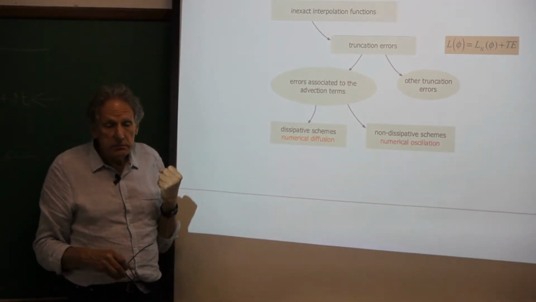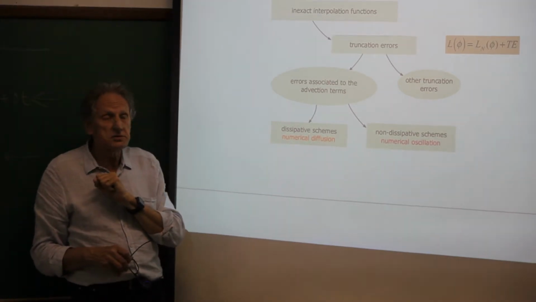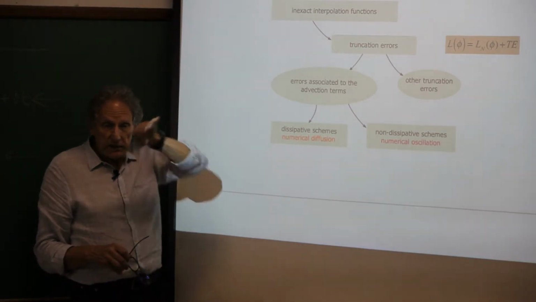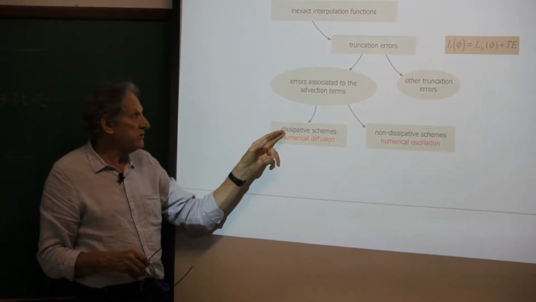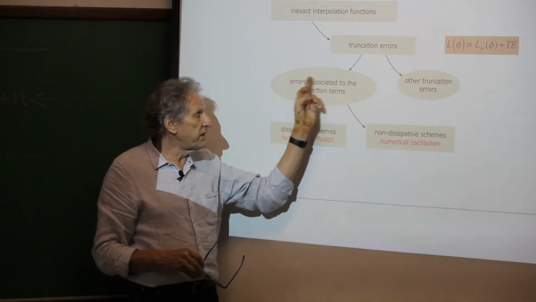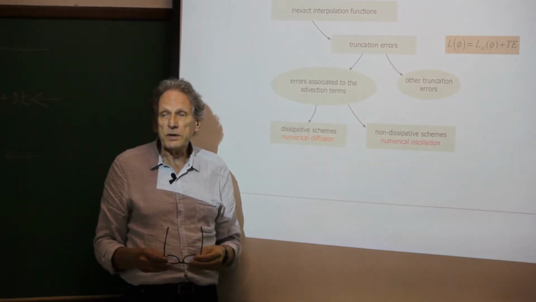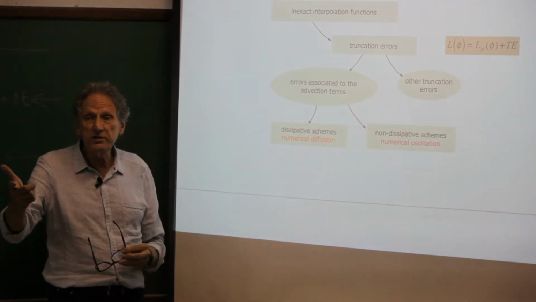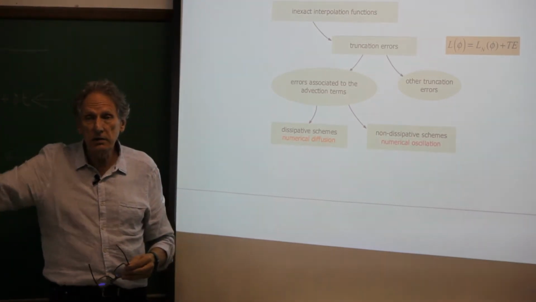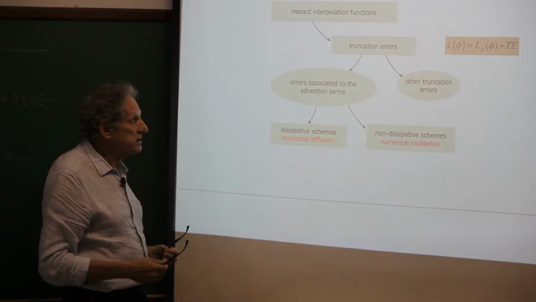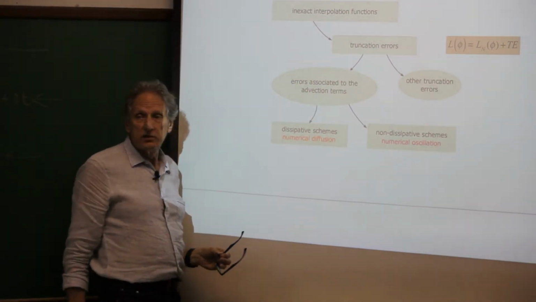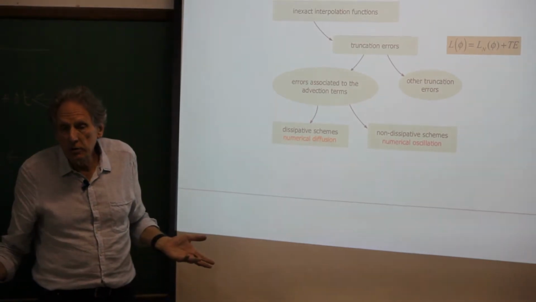If your algorithm to deal with the advection terms is a dissipative one, it smears the gradient. If your algorithm used for advection terms is a non-dissipative scheme like the central differentiation scheme, then you have numerical oscillation. What you have to do, in fact, is to cut the truncation errors. How do you do that?